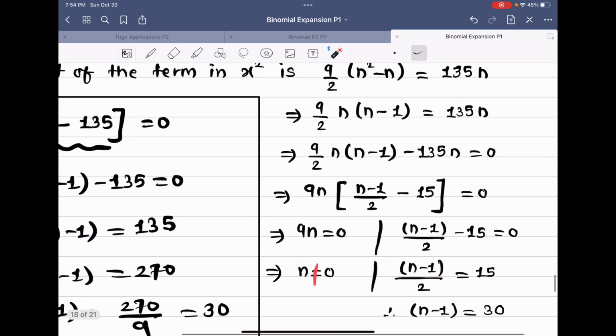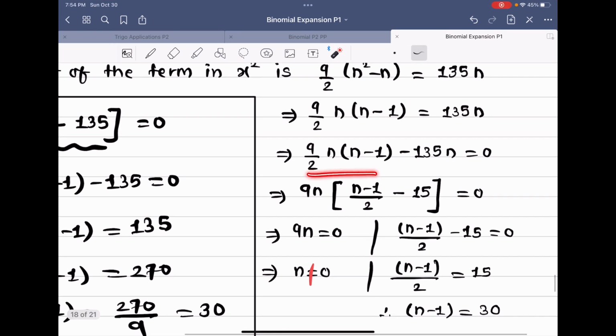You can see from this term and this term I can take 9n common. If I take 9 and n common, it becomes (n minus 1) upon 2. And if I take n common over here, 135 upon 9 is basically 15. Now the product of 9n and this bracket is equal to 0.